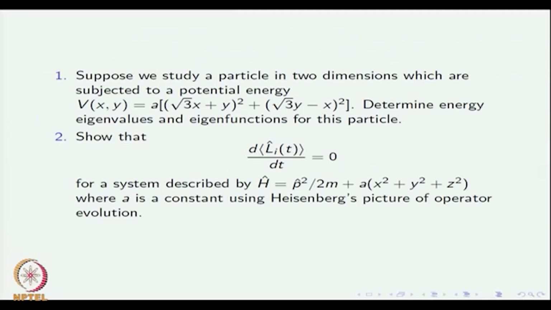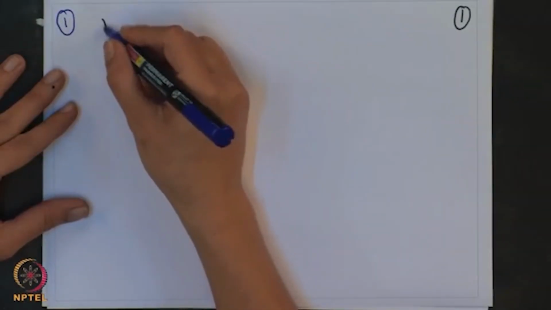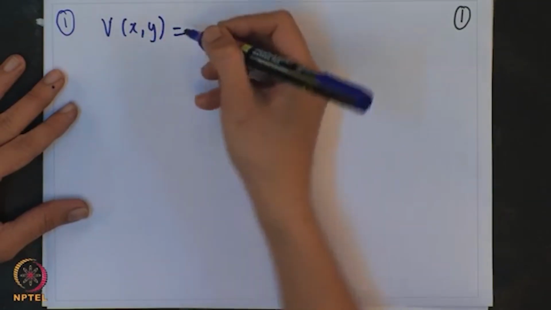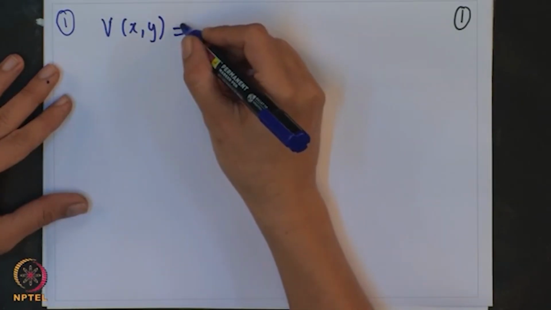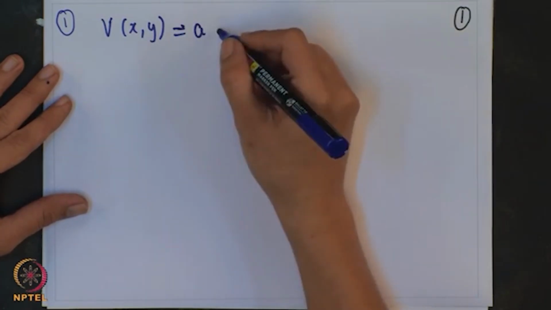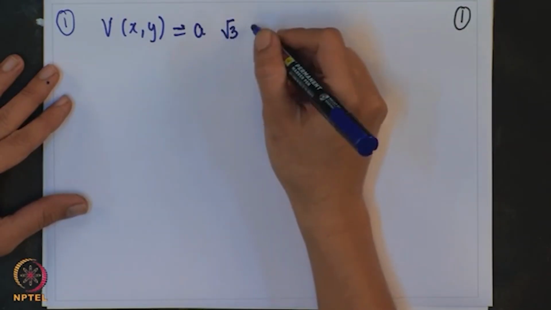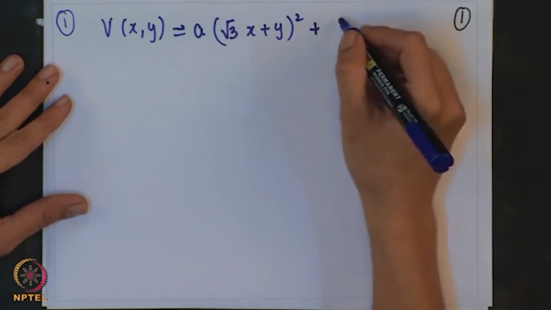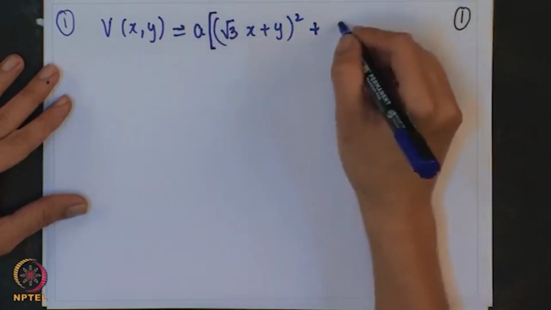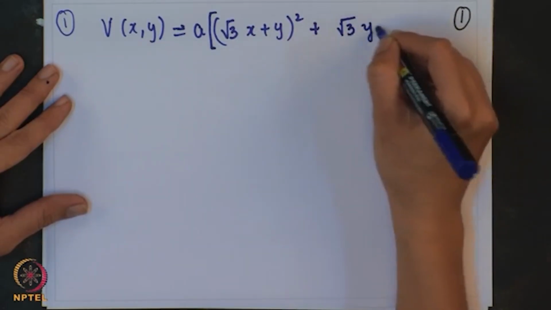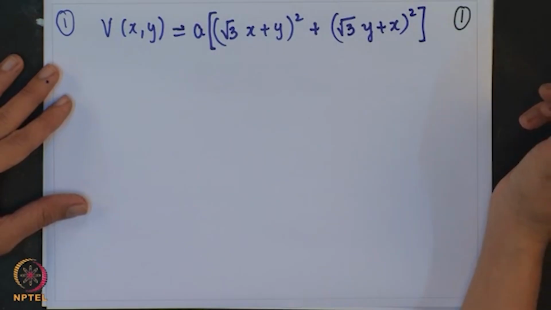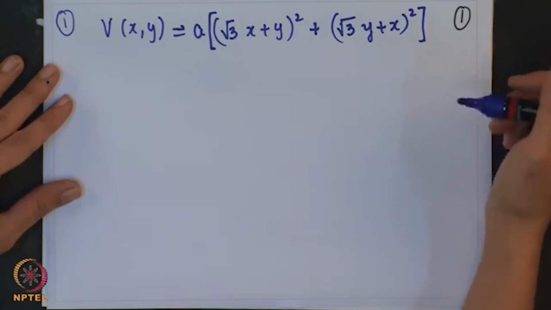For example, here in problem 1, the potential given to us is a function of x and y, hence it is a 2-dimensional potential, and it is of the form (3x plus y) the whole square plus, in square brackets, (square root of 3 y plus x) the whole square. Okay. For harmonic oscillator, just try to recollect the form of potential while solving this problem.